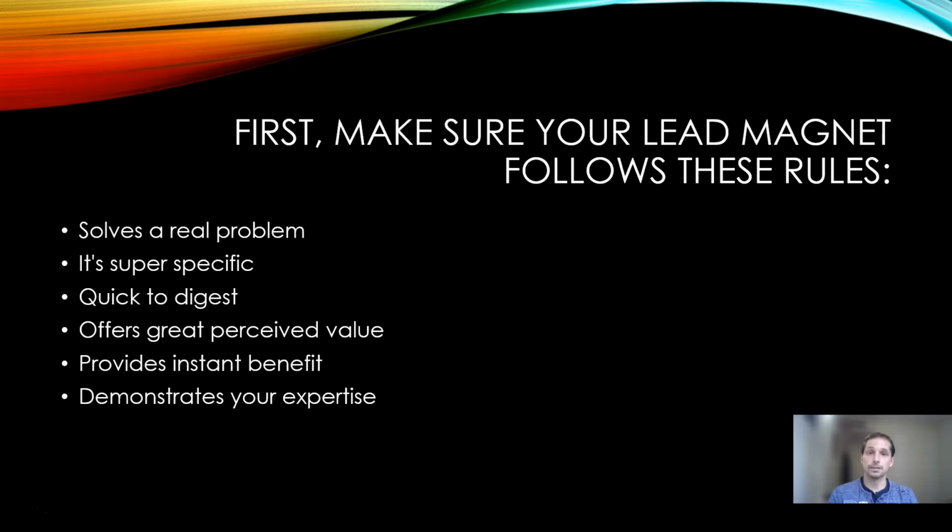And then, this is very important also, it needs to offer a great perceived value. People need to perceive the value. Then it needs to provide an instant benefit. It has to be quick and instant. And then it needs to demonstrate your expertise so that they start to trust you. And then later on, they will be more likely to buy your products.